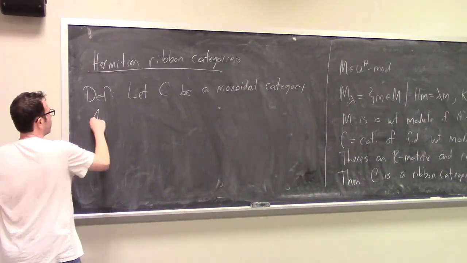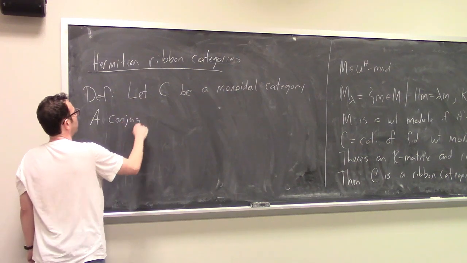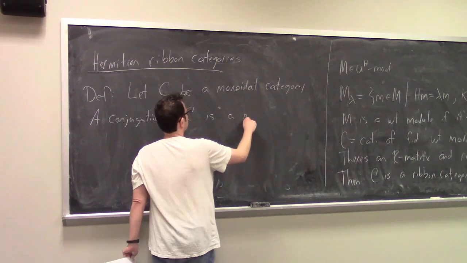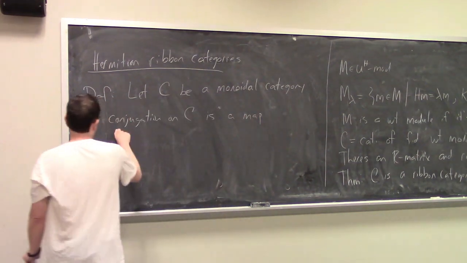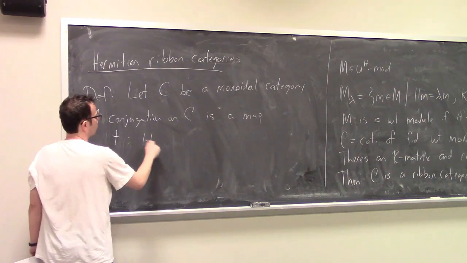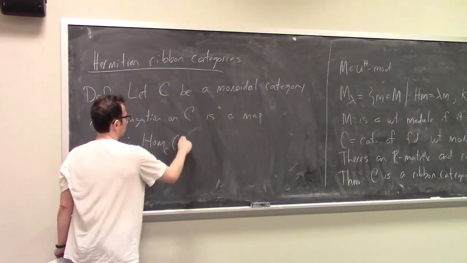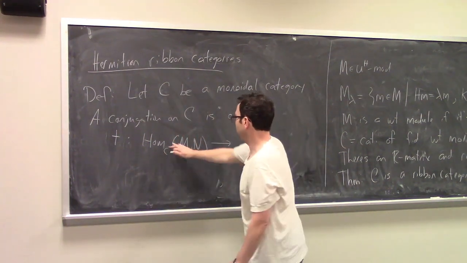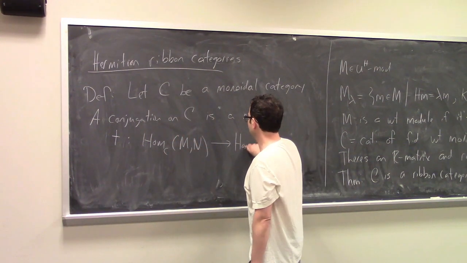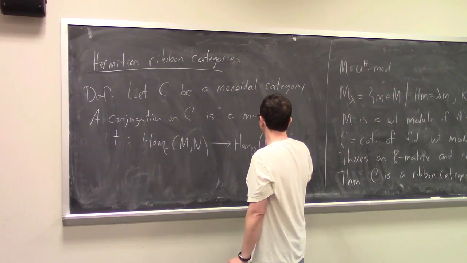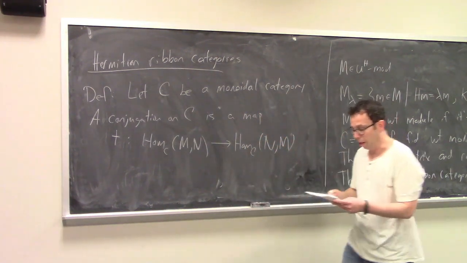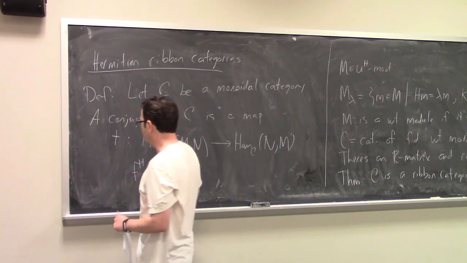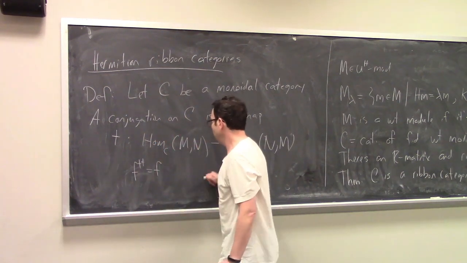A conjugation on C is a map, dagger, which takes a morphism between M and N in the Hom space, and returns a morphism from N to M, such that it's an involution: f double dagger is f.